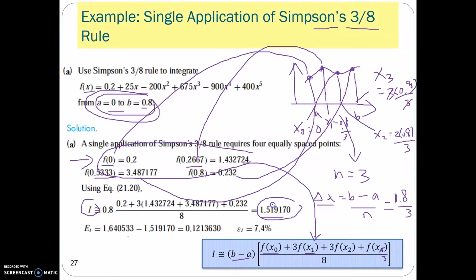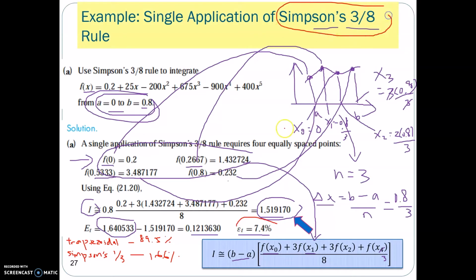Compare this result with the actual result. You obtain the relative error to be this answer, and the true percent relative error to be this. By comparing with the previous result obtained by the trapezoidal rule and the Simpson's 1/3 rule, Simpson's 3/8 rule has the most accurate result because it has the lowest error.